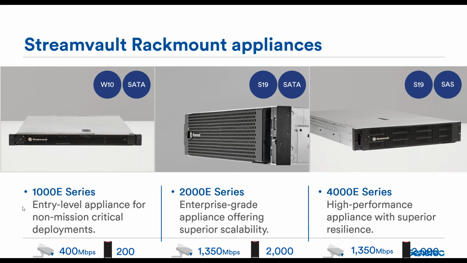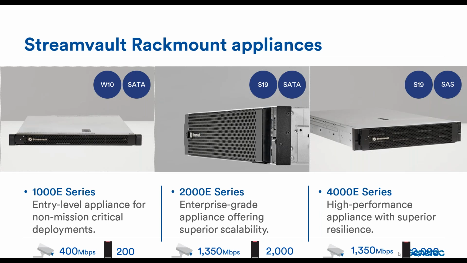This server comes with SATA drives. The 4000E series is basically the same as the 2000, except the hard drives are SAS drives. And we can see the numbers down below. So the 1000E can do up to 400 megabit per second of throughput or 200 readers. The 2000 can go 1350 megabit per second and 2000 readers, because you cannot put both of them on the same server and do the maximum.